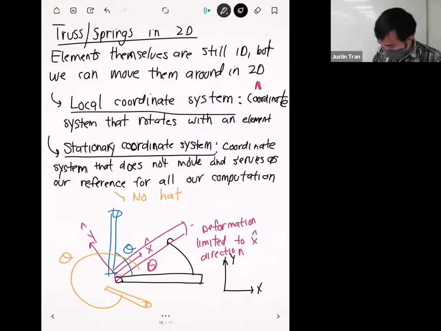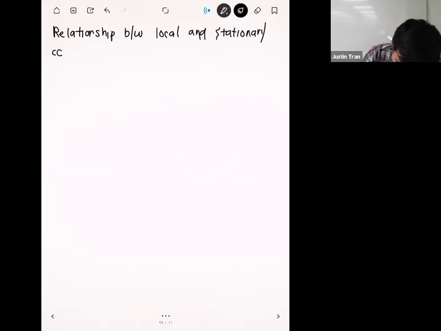Okay. All right. And so relationship between local and stationary coordinate systems.